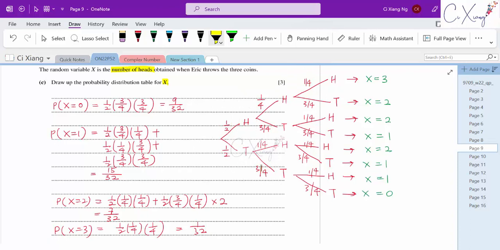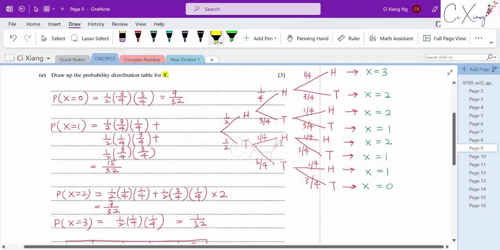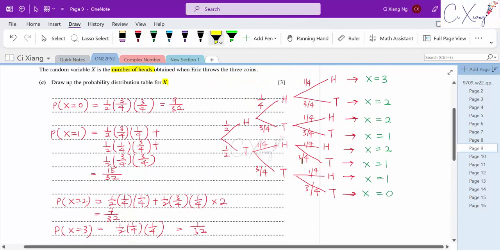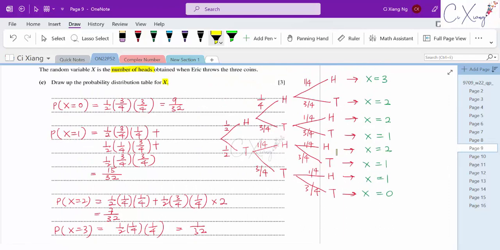Since we are having the fair coin and also the bias coin, if we can list out everything, at least we are not confused when we try to calculate any probability later. So this is the way that I suggest you all to use to answer this question here. Alright, so this is how we answer question number 5.